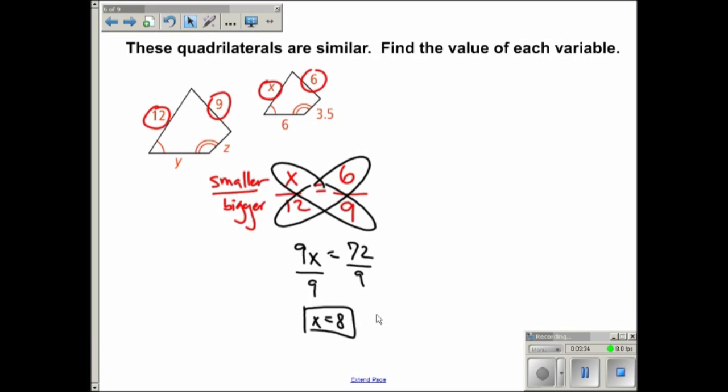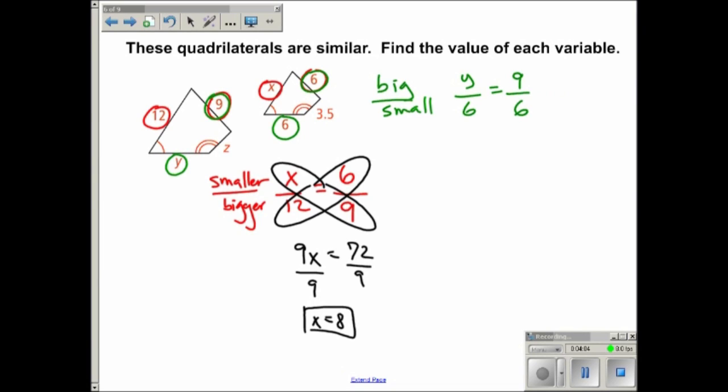Similarly, I will find y. Now y corresponds with 6. So I will look at the ratio of y over 6. Now keep in mind the ratio that I just wrote. This ratio now is the bigger over the smaller. So y over 6 will be equal to, I can use the same ratio that I know, 9 over 6.